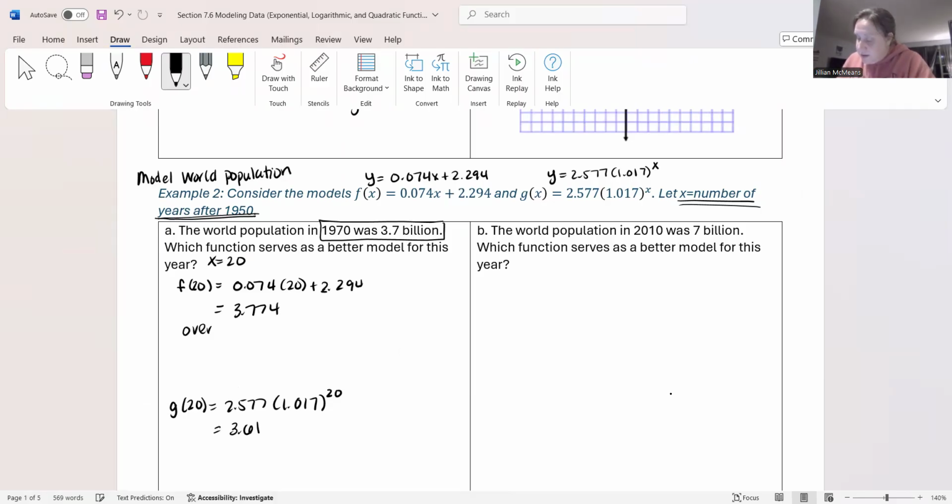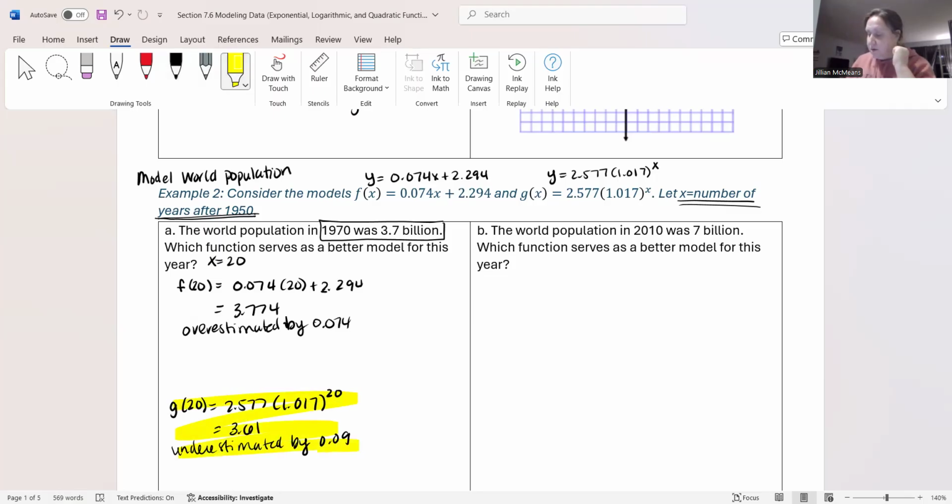This overestimated by 0.074. This one underestimated by approximately 0.09. So the question says, hey, which one's better? Well, this is going to be the better model. Okay, so linear is the better estimate.